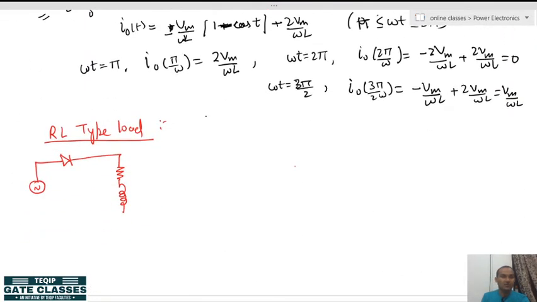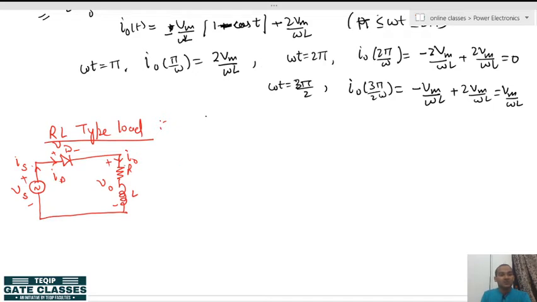So now when you go for the RL type load, we have got this type of circuit. This is our source voltage Vs, this is the diode current, this is the source current, this is the diode voltage with plus and minus, this is the load voltage V naught, and this is the load current reference I naught.